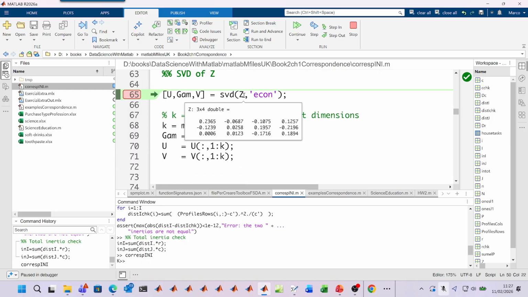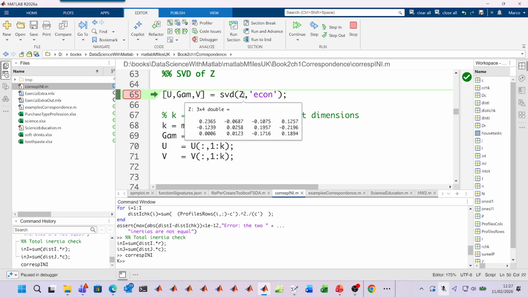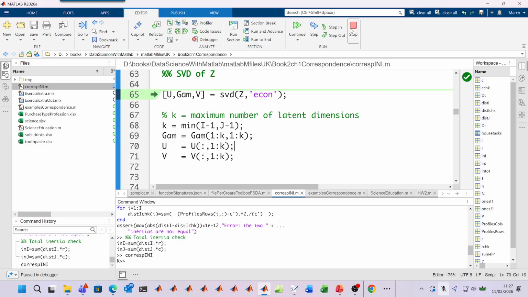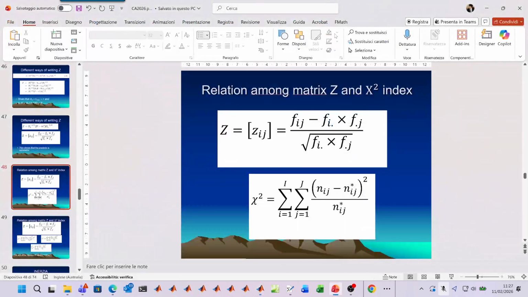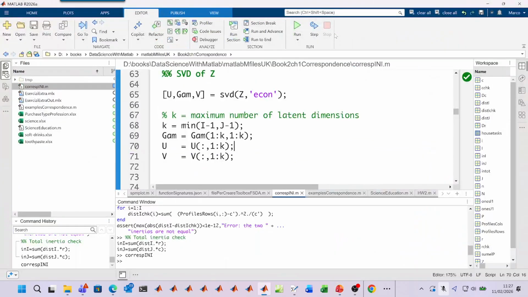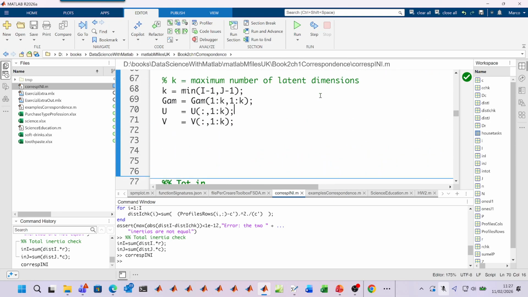And then, as you can imagine, SVD of Z. There is nothing hidden, eh? SVD of Z, and then you retain a certain number of dimensions. What is the maximum number of dimensions? And this sum of squares here, okay.